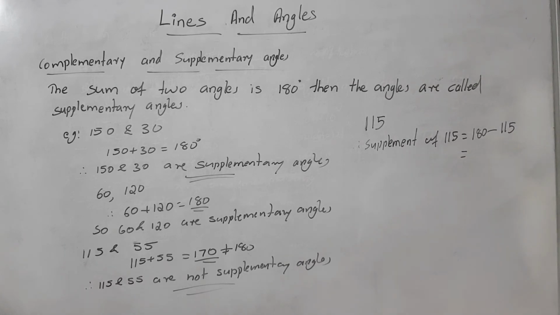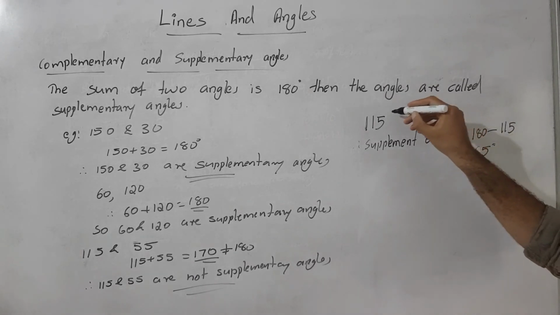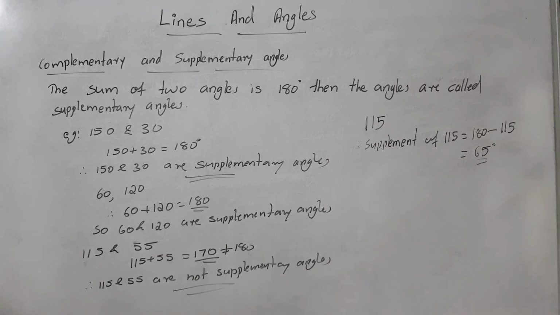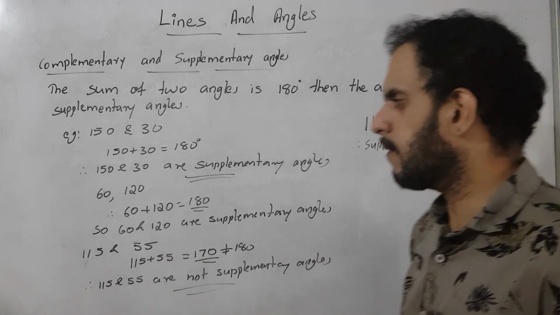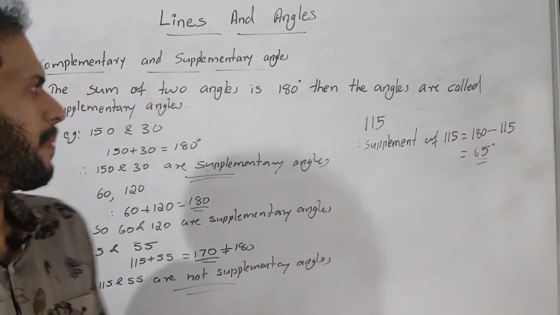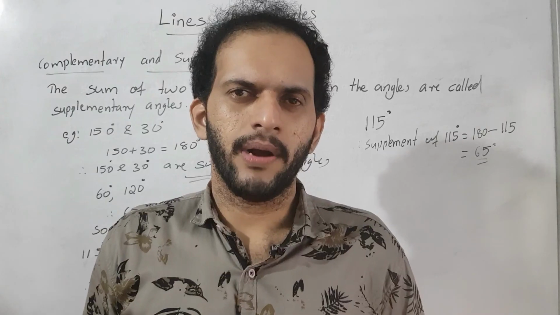Correct? 180 minus 115, what is the answer? The answer is 65. Correct? 65. What is the supplement of 115 degrees? The supplement of 115 degrees is equal to 65. Okay, the supplement of the given angle.